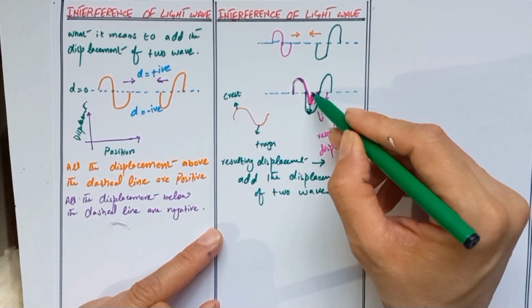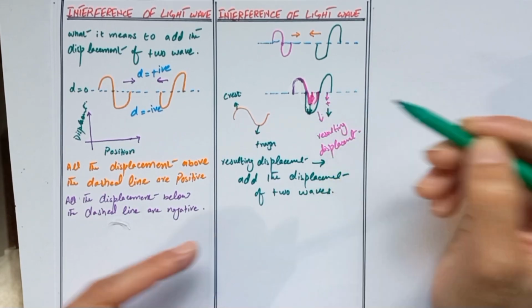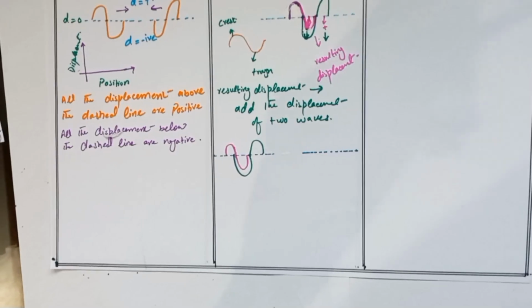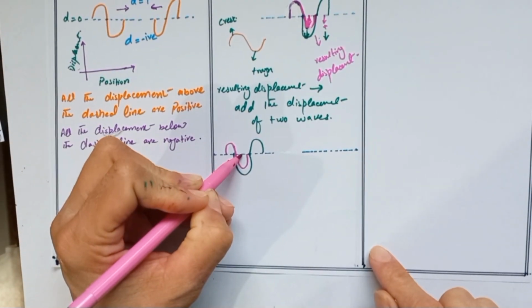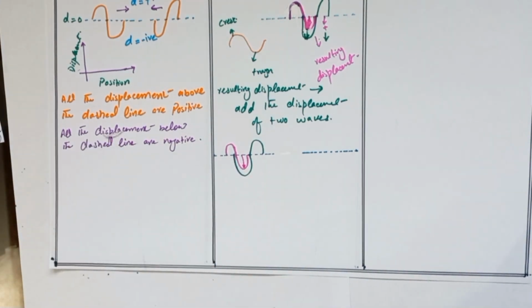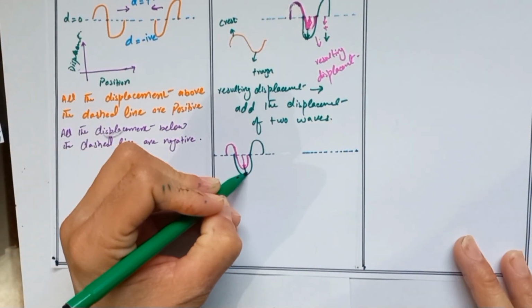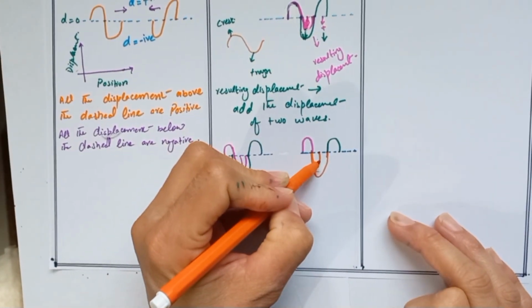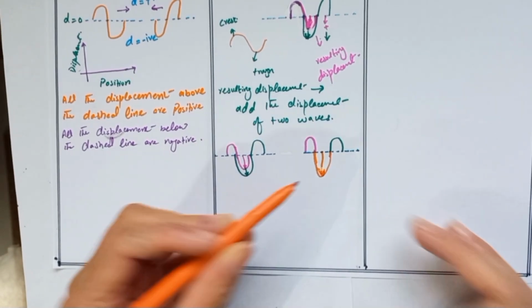This arrow represents the displacement of this wave and this arrow represents the displacement of this wave. We draw again: this arrow represents the displacement of the pink wave and this arrow represents the displacement of the green wave. So we can find the resultant wave. This line represents the total resultant of the two waves.